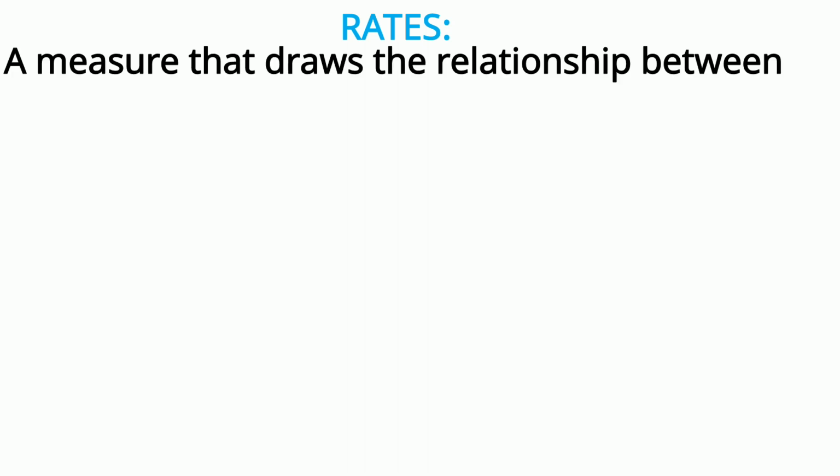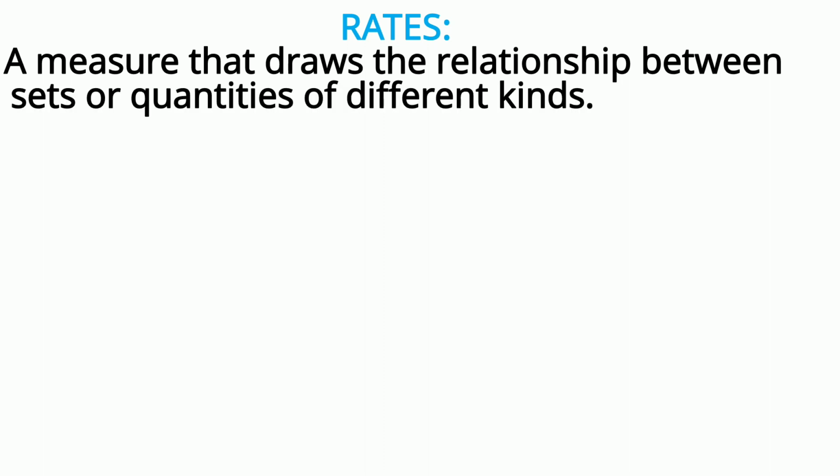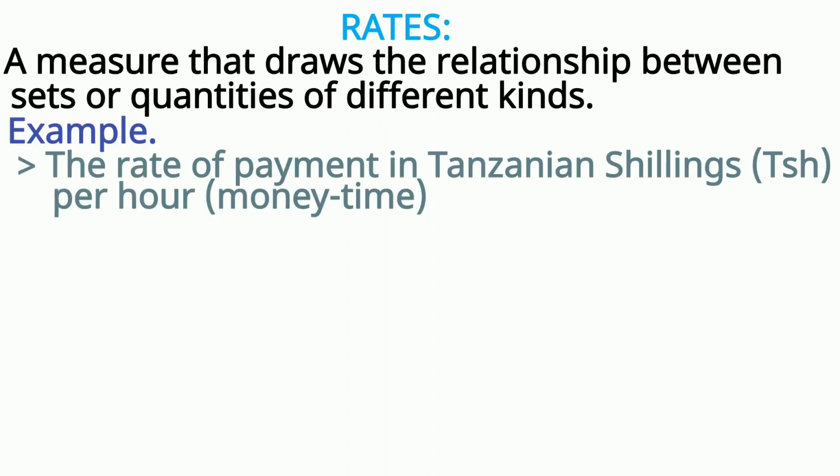So, what is a rate? A rate is a measure that draws the relationship between sets or quantities of different kinds. Example, the rate of payment in T shillings per hour.